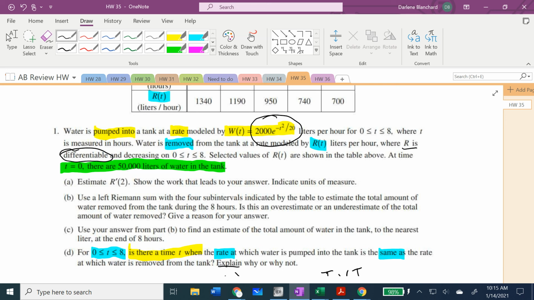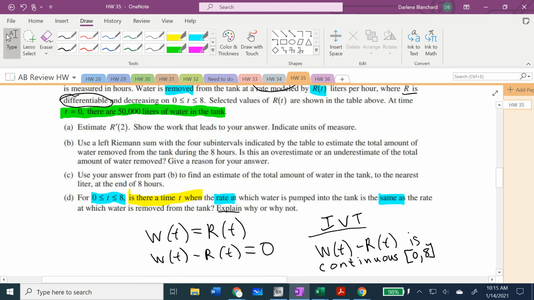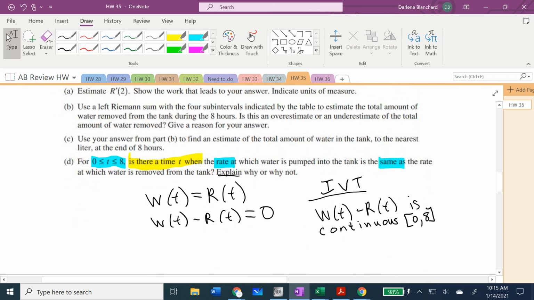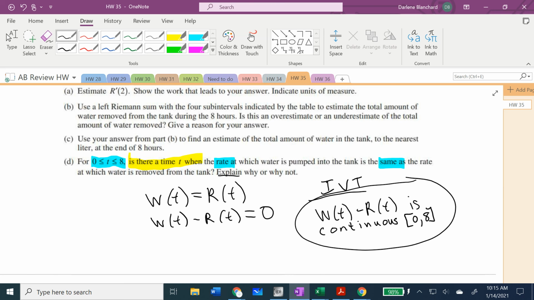So if you want, you can explain where you got that from, but you don't need to. All you need to do is state as a matter of fact that you know that this is continuous. Because there are properties of continuity that say if you have two continuous functions and you add or subtract them, the result is also continuous, but you don't need to go into that detail.